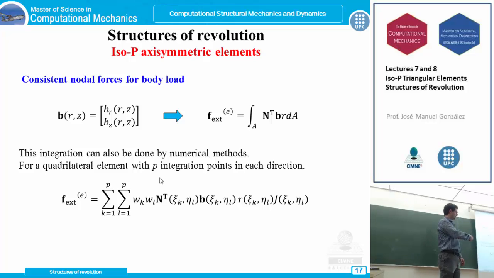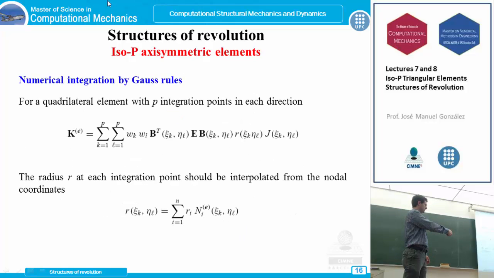But now I have some different things in this axisymmetric development with respect to the plane stress and plane strain development, which is above all the appearance of this circumferential component in the B strain-displacement matrix, and the appearance of this radial coordinate in the numerical integration. Consider that if the radial coordinate is dividing, now we have irrational integrals, which makes it much more complex and justifies the use of numerical integration.